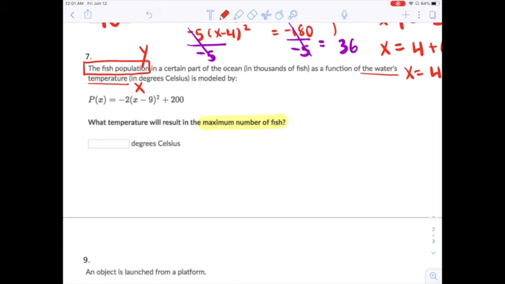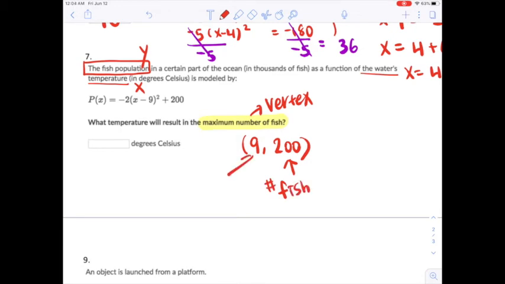And look at this. What temperature will result in the maximum number of fish? So when you get maximum, that is in your vertex. So that means we need to get our vertex. But this is vertex form, so we can get it easily. 9, 200. This is the fish population because that's my y value, so that's the number of fish.